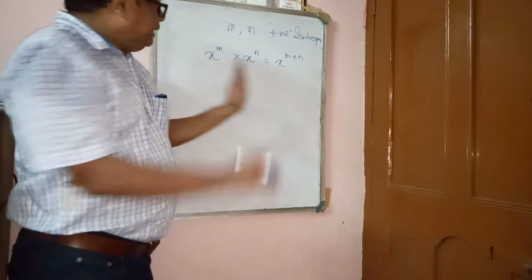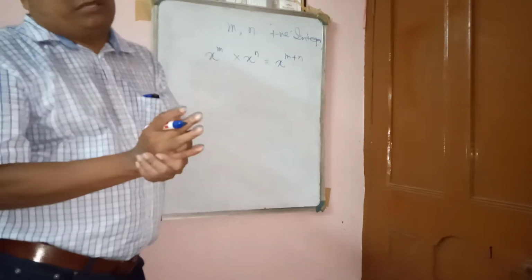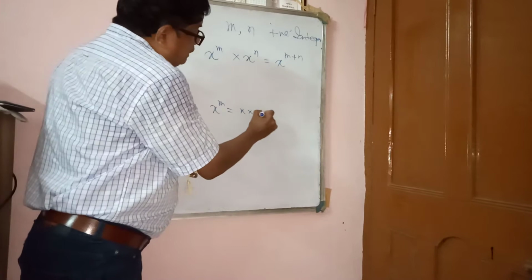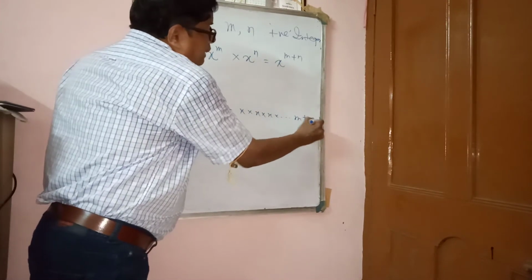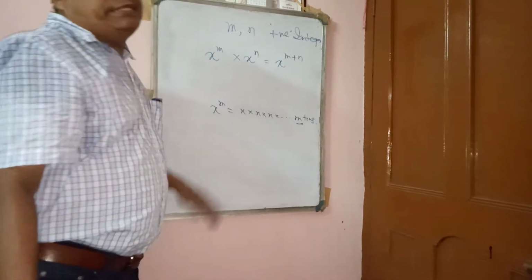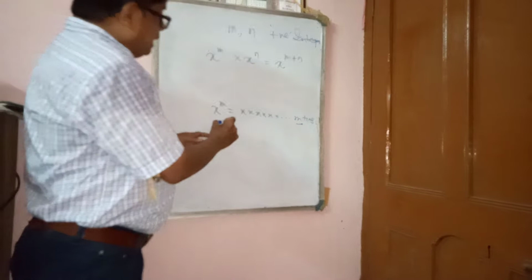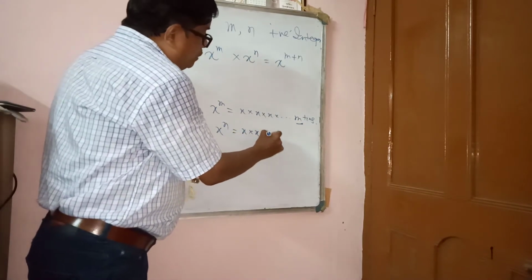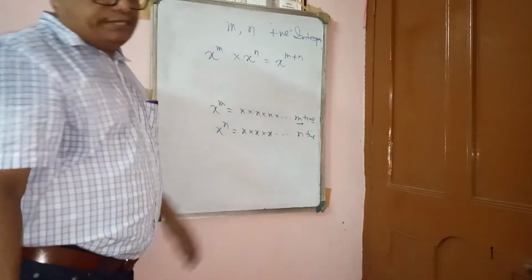Okay, because x to the power m we can write as x into x into x, m times, and m should be a positive integer, don't take it as negative. And x to the power n is x into x into x, n times, always a positive integer.